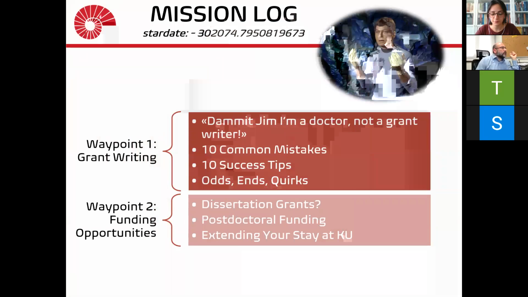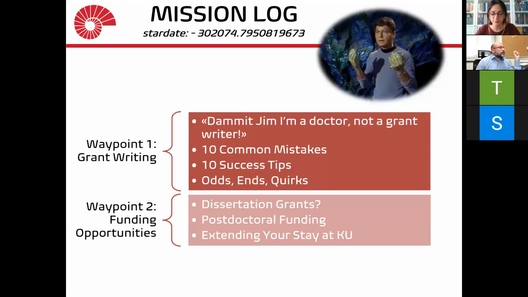To begin, we have 2 parts in this presentation. First, I'm going to talk about grant writing, some mistakes, some tips, some odds and ends, and I'm going to first begin with comparing academic writing to grant writing, just to underline some of the differences when you approach proposal writing, because most of you, I guess all of you, are graduate students, Ph.D. researchers working on or about to work on your dissertations.